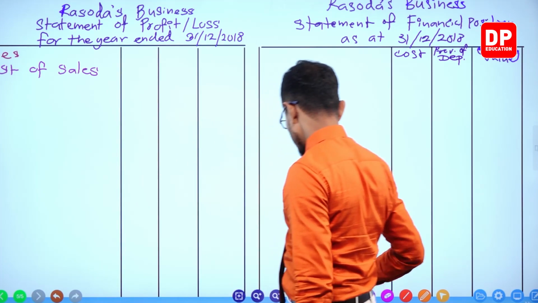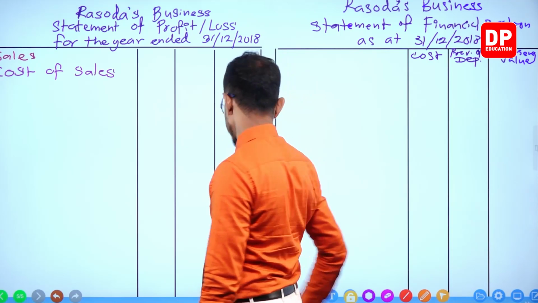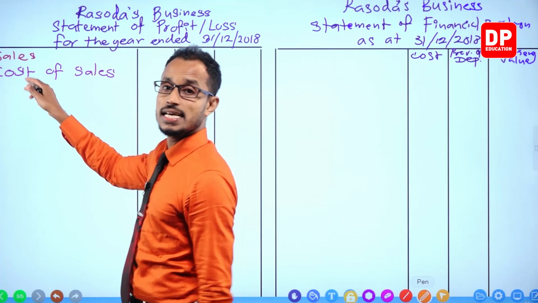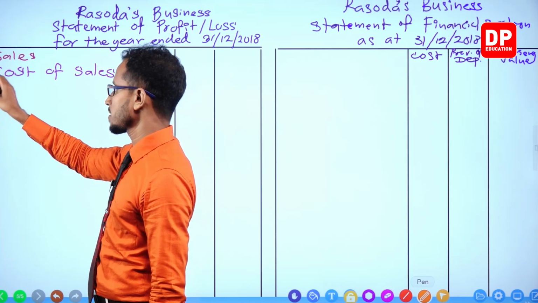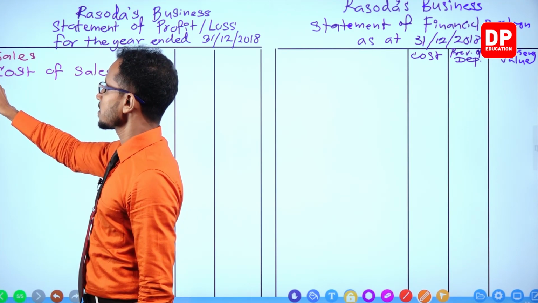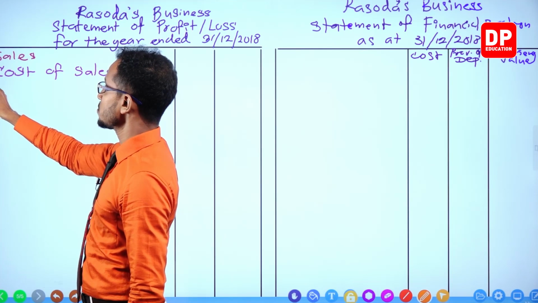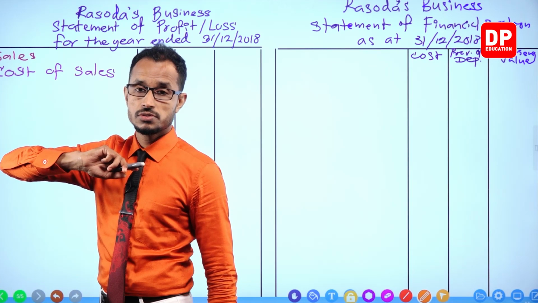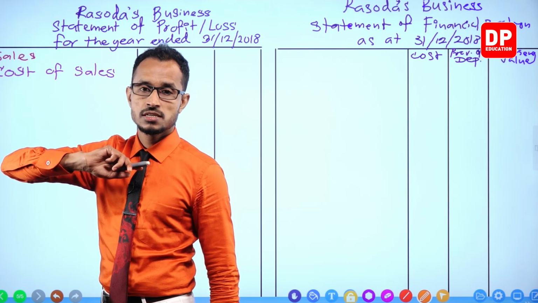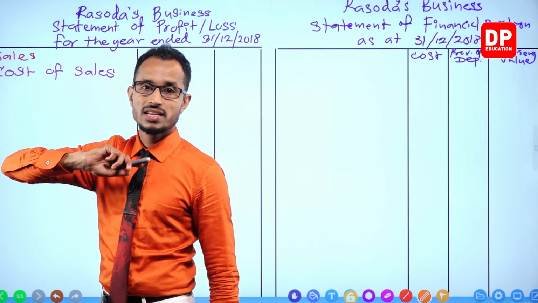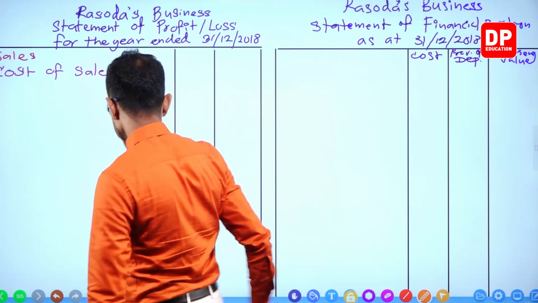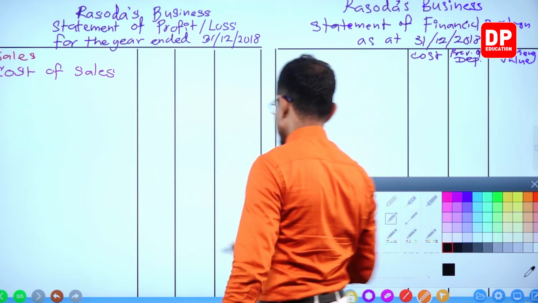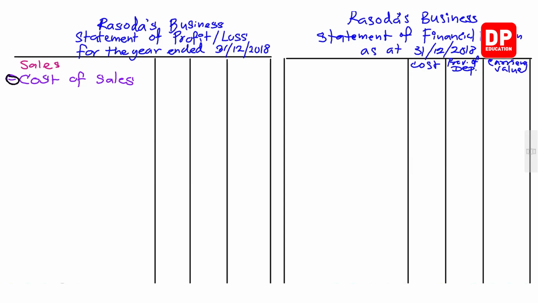Cost of sales is subtracted. That's why you should mention the minus mark symbol, or you can write less in words. I just put a minus mark here, just like this. Okay.